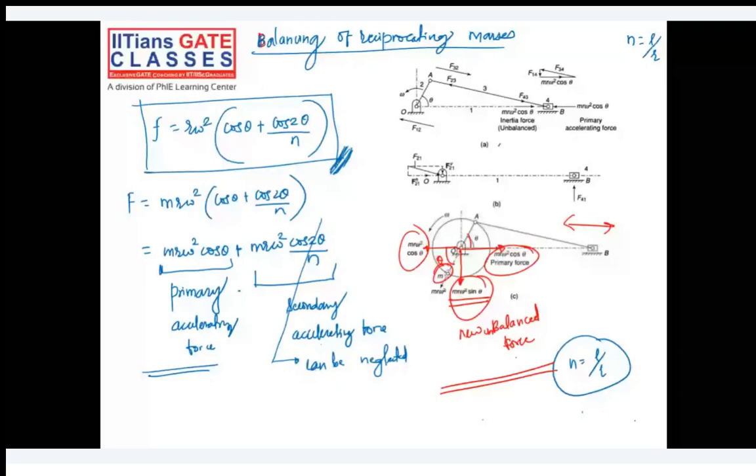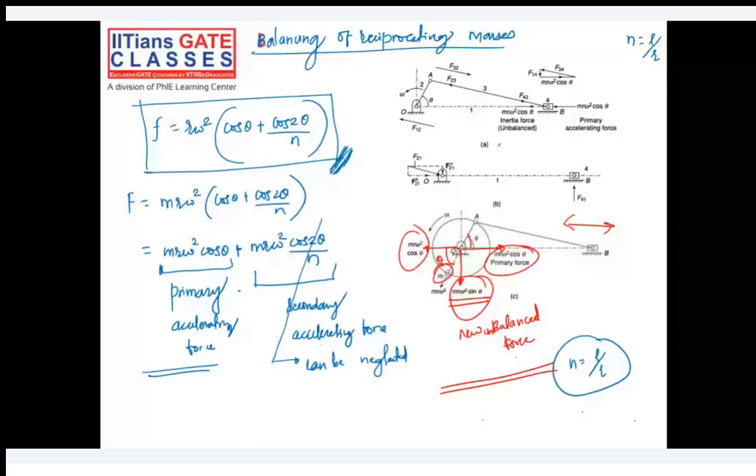In balancing of reciprocating masses, we have studied that the main unbalanced force is the inertia force. Because of the inertia force, on our frames and guideways we will get reactions, that is F41, F21, horizontal and vertical. Out of this, F21 horizontal is the only force which is an unbalanced force.